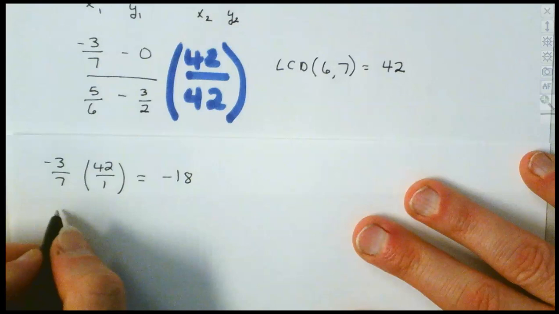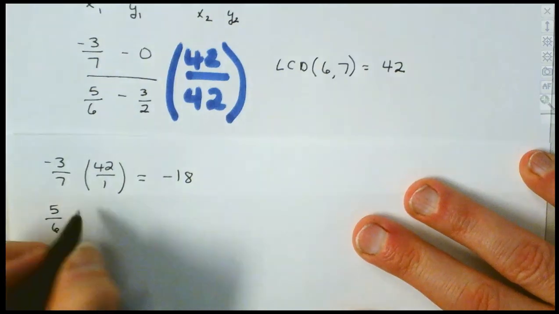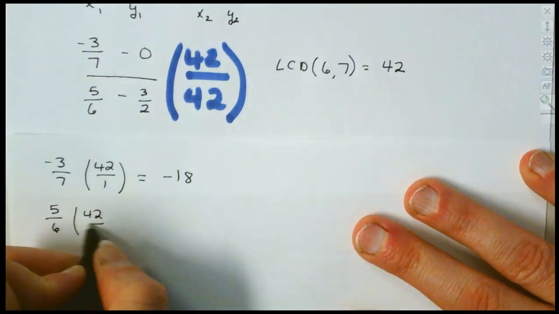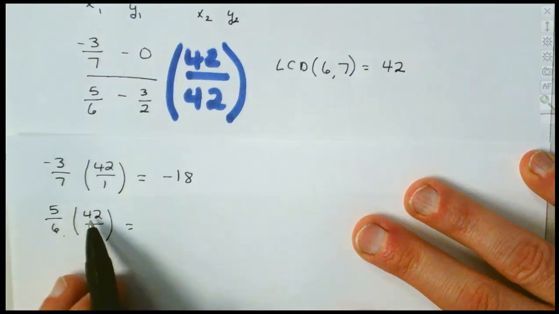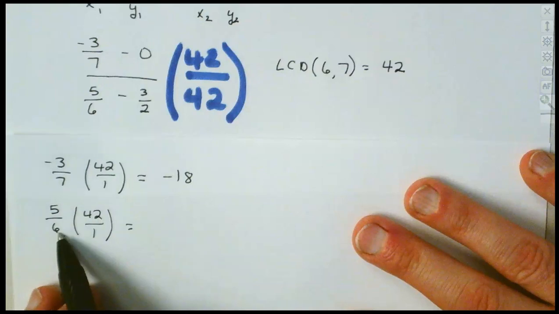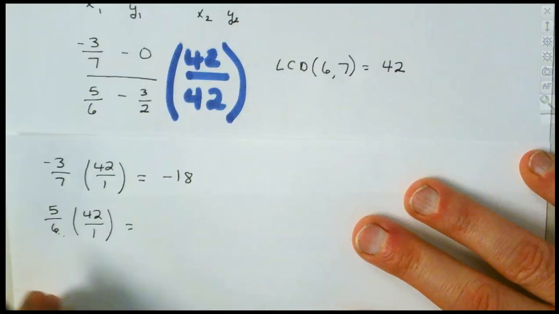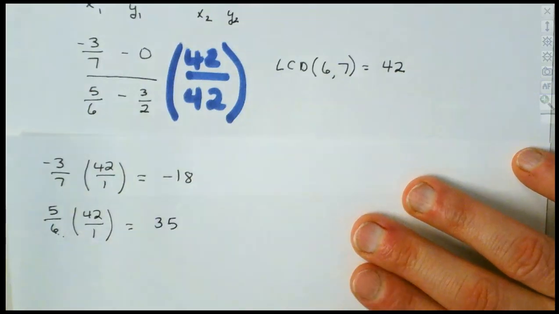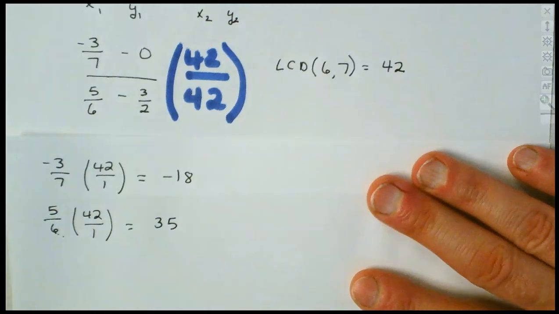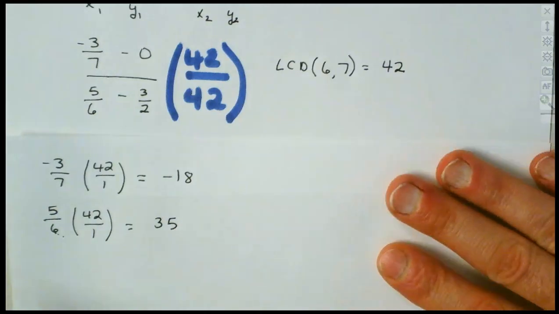Down below, we have 5/6 times, again, our 42 over 1. So divide, multiply. 42 divided by 6 is 7. 7 times 5 makes it 35. Next one, what's our last piece going to be?